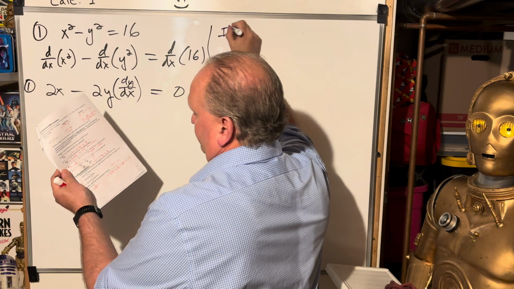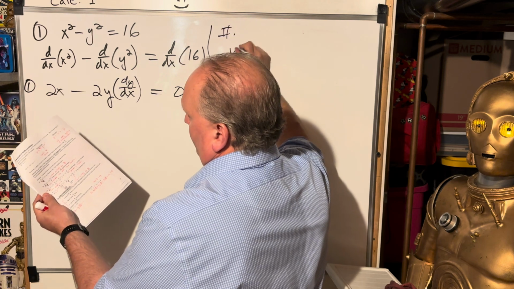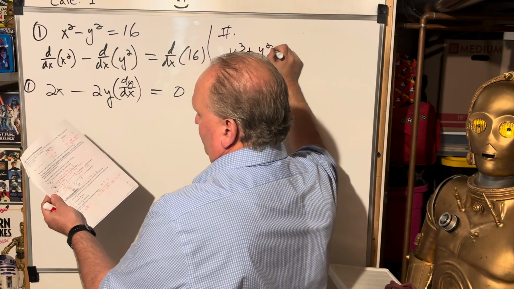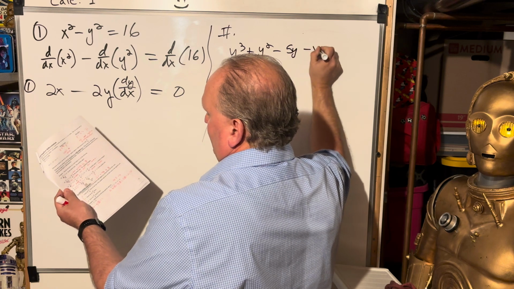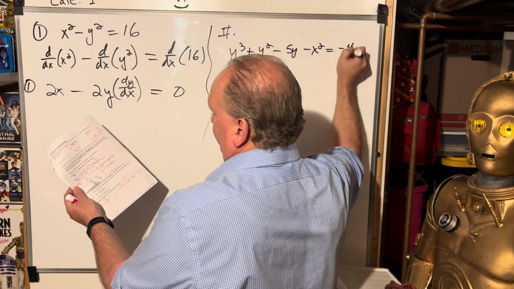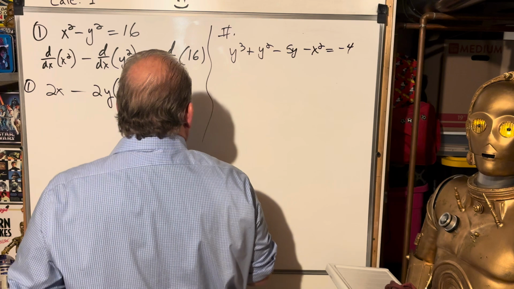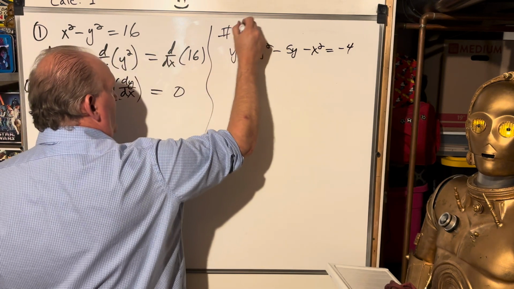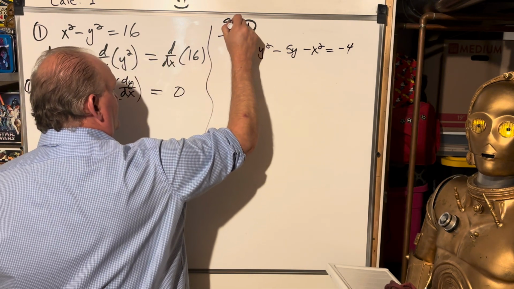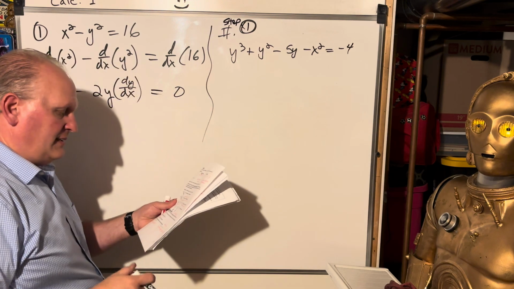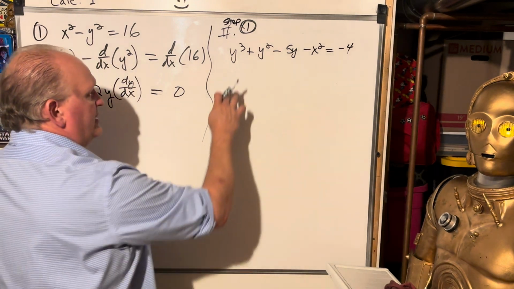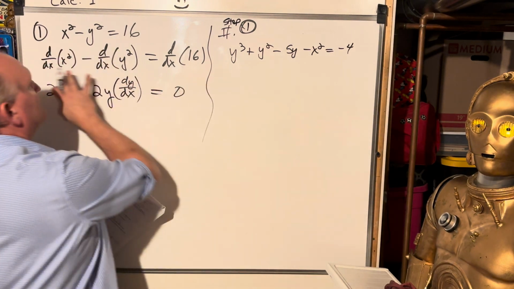2. So we have y cubed plus y squared minus 5y minus x squared equals negative 4. We're only going to do step 1, so just step 1. And so this is not d dx. I'm not going to write all the d dx's.